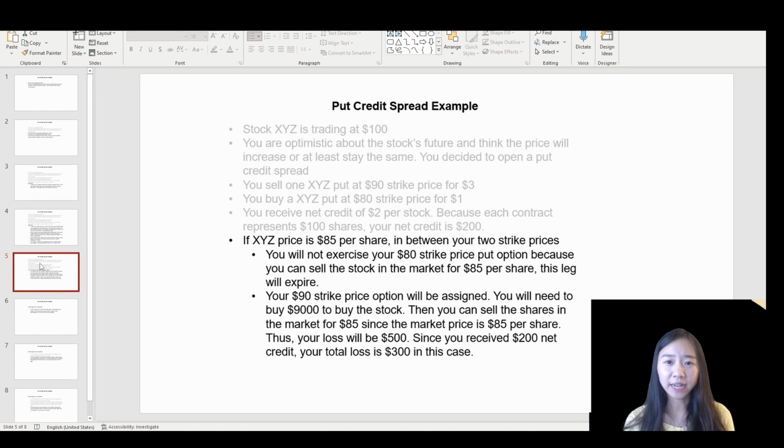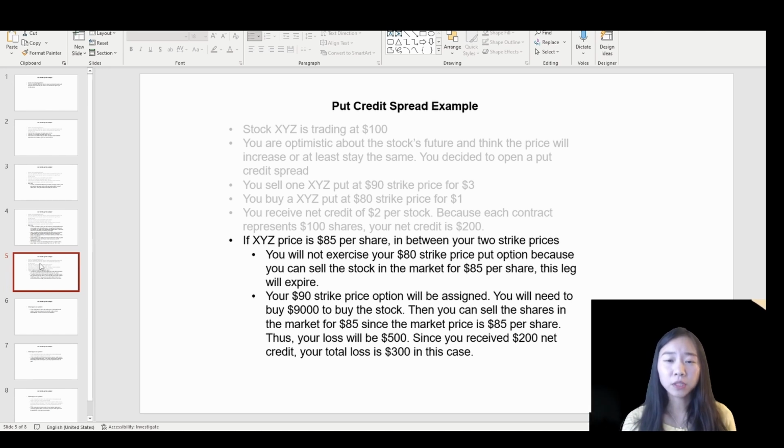For example, if XYZ is $85 on the expiration date, what will happen? Essentially, you will not exercise your $80 strike price put option because you can sell in the market for $85, right? So you will just let your put option expire.